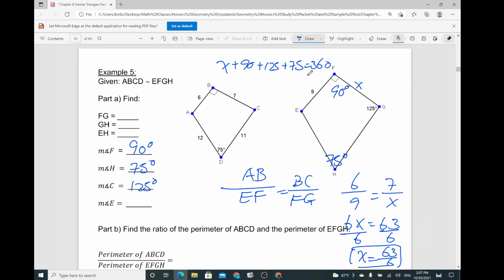So 125 plus 75 is 200, plus 90 is 290. So x plus 290 equals 360. The reason why it's 360 is because that's the sum of the measures of all the angles of a quadrilateral. The way to do it is n minus 2 times 180.